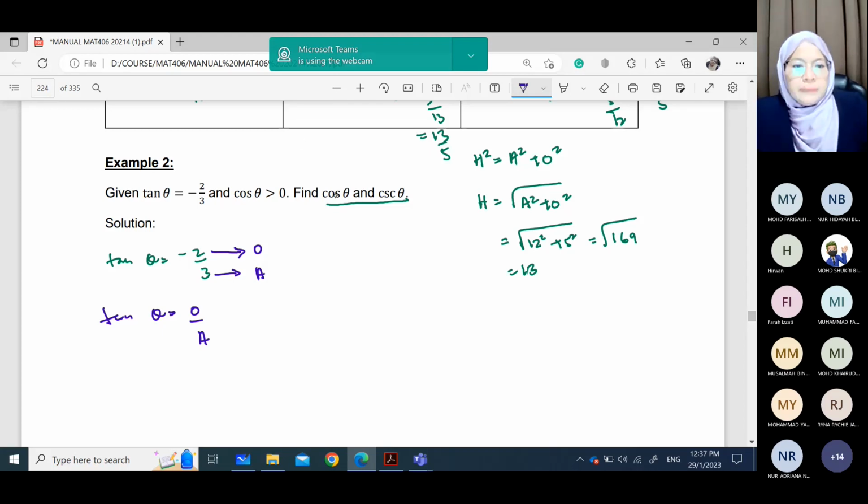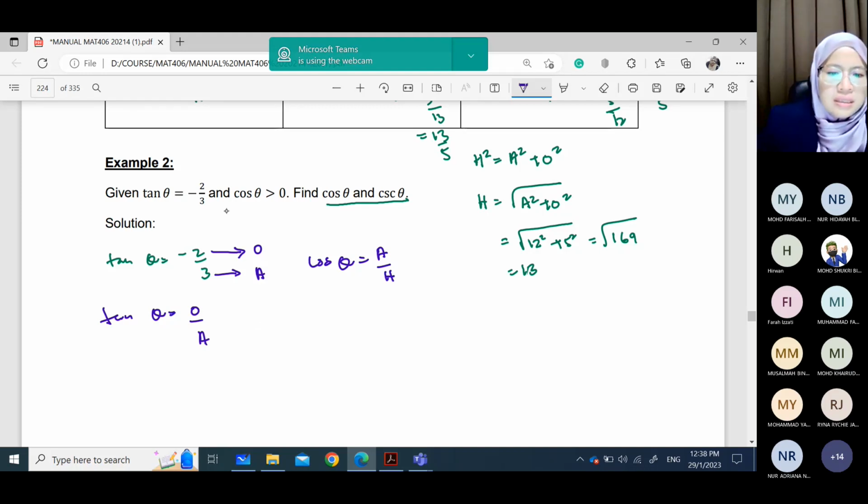Dia suruh cari cosine theta, always greater than 0, positive. So cosine theta adalah adjacent over hypotenuse.